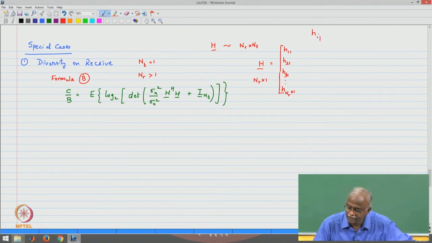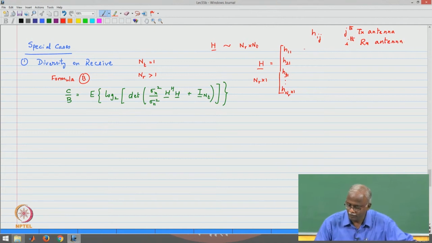So, basically there is one transmit antenna and NR receive antennas, and notice when we have Hij, these indices are from the jth transmit antenna to the ith receive antenna, and there is only one transmit antenna. So, therefore, we have only one column for this.